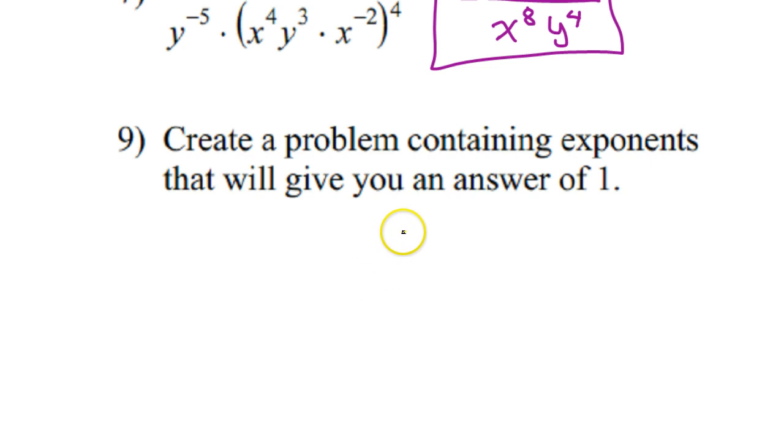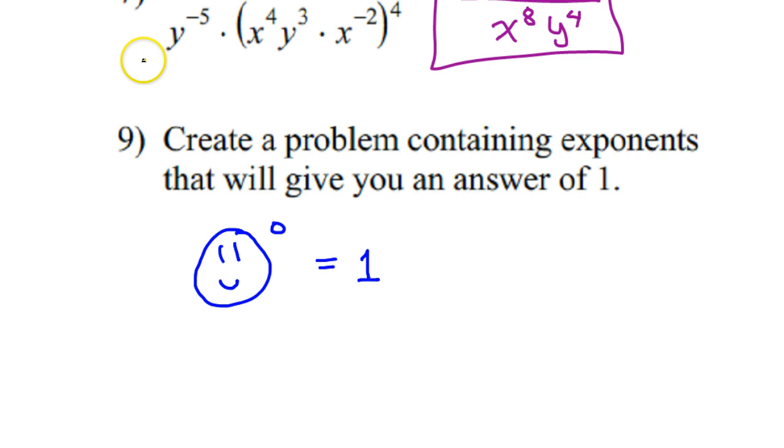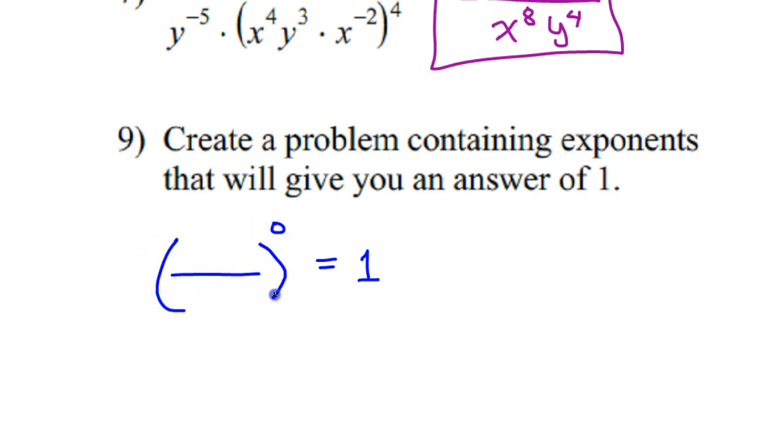Alright, for number 9, the main thing to keep in mind is that anything to the 0 power equals 1. So you could certainly make up any kind of problem that you wanted to and just raise it to the 0 power, and boom, you're going to have 1.